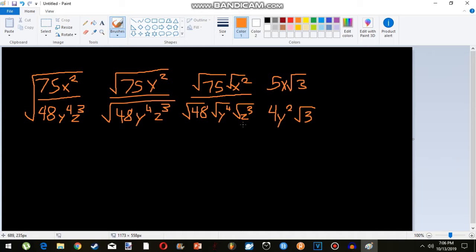Now here's something that really bugged me. Z just had to be to the power of 3. Just had to be a cube, you know. You could have been the one to make this all a perfect square, but no, you just had to be a 3. So z to the power of 3, or z cubed, is technically just z squared times z.